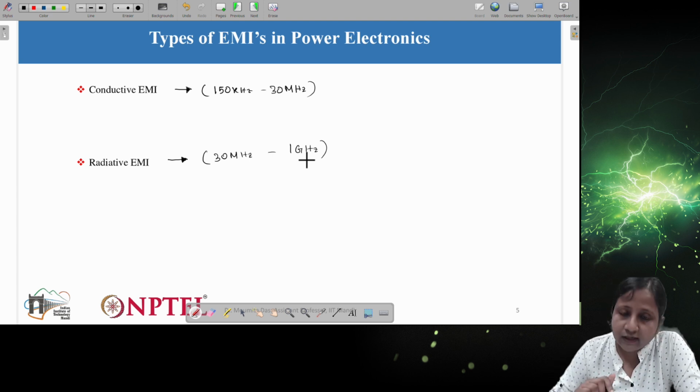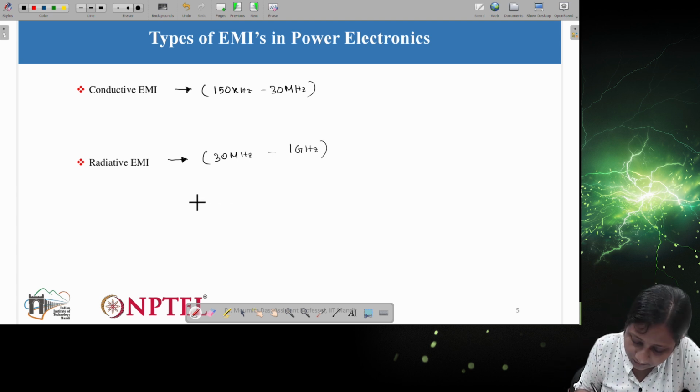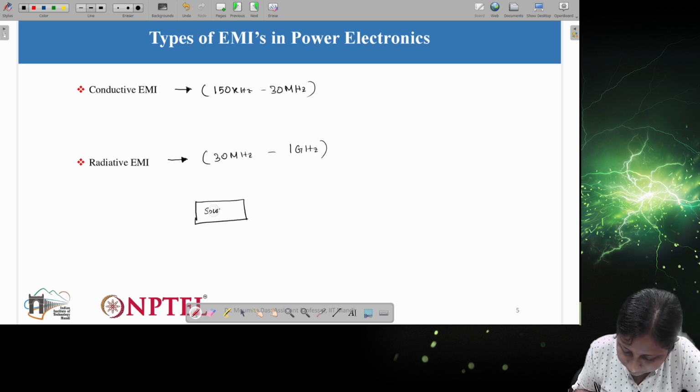Okay, but radiated EMI, how is it coming? If there is a source present, and the source is connected to the system, let's call the system the victim because it gets affected. Now this source will have some radiation.